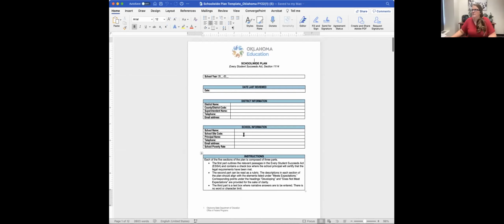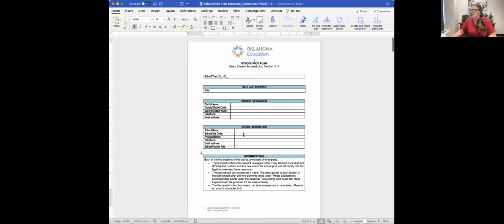There is a description of the requirements from ESSA and a checkbox that's very important for you to check. This is one thing that our reviewers are looking for, that this box is checked. That is the certification from the school principal that you're meeting the intent and purposes of ESSA. There are 3 different rubric explanations here: a meet expectations, a developing, and a does not meet expectations.